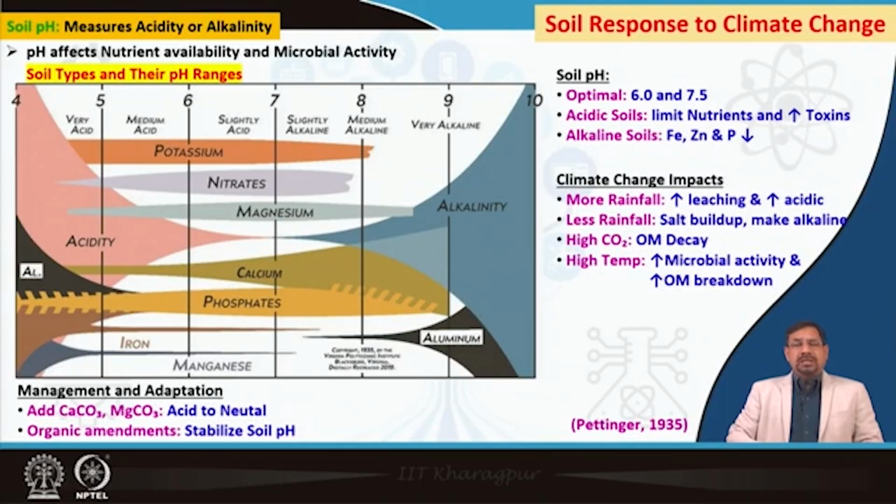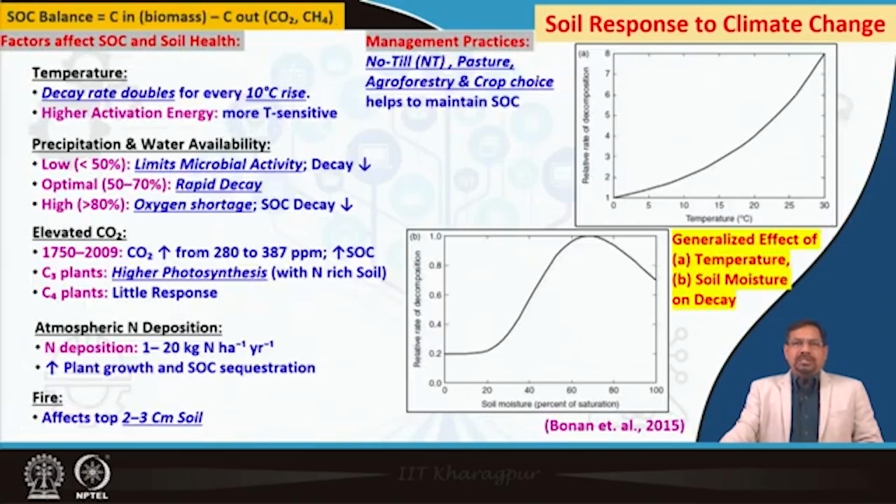But as we mentioned in the beginning, the optimal is between 6 and 7.5. So what are the management and adaptation solutions we have? Add calcium carbonate or magnesium carbonate to convert acidic soil to a relatively neutral pH, close to 7. Organic amendment also stabilizes the soil pH level by adding alkalinity.